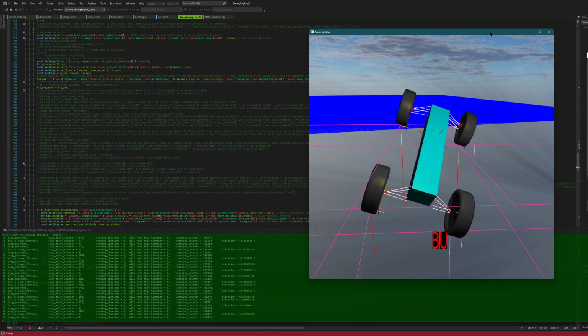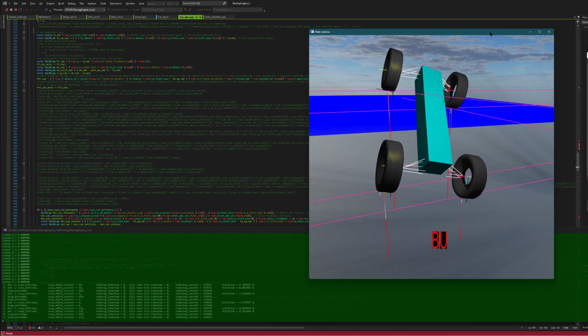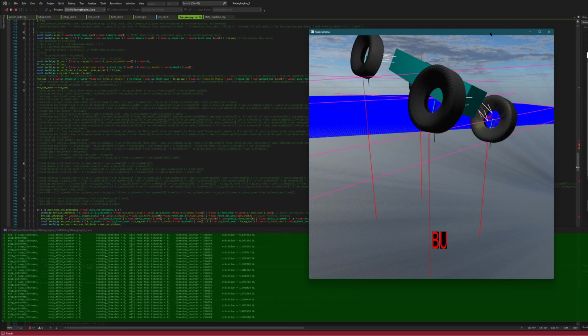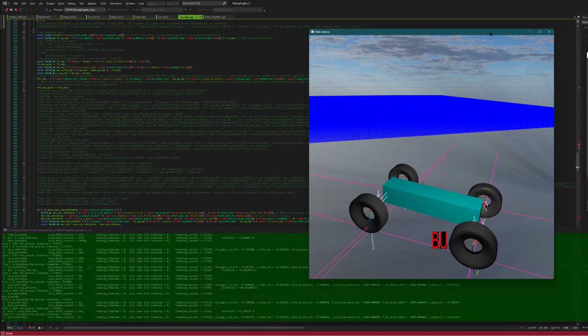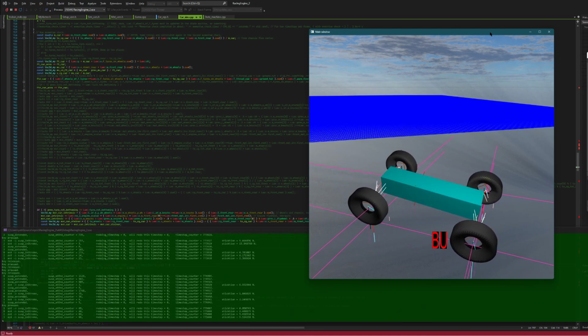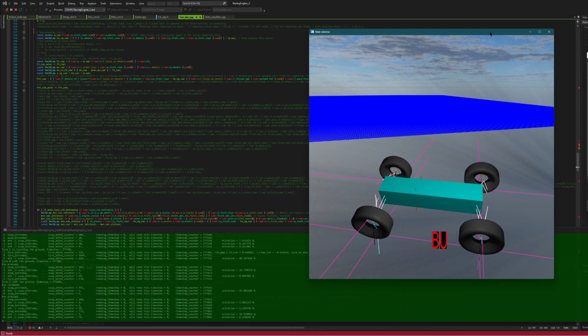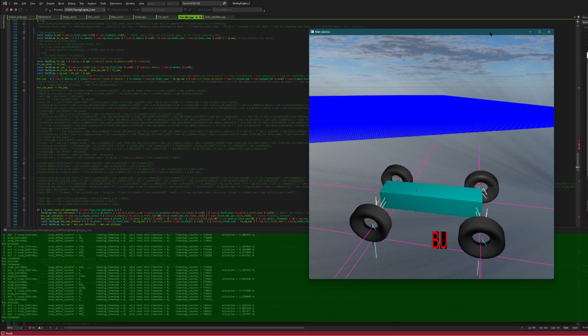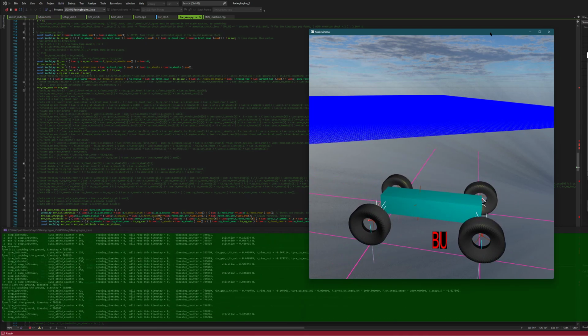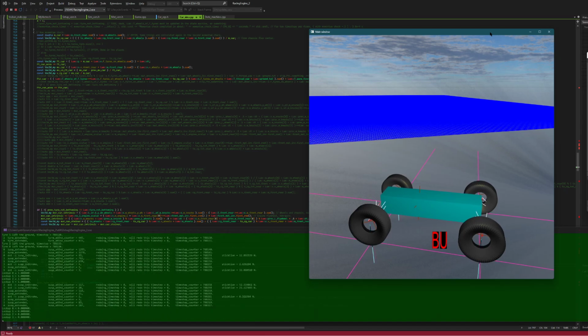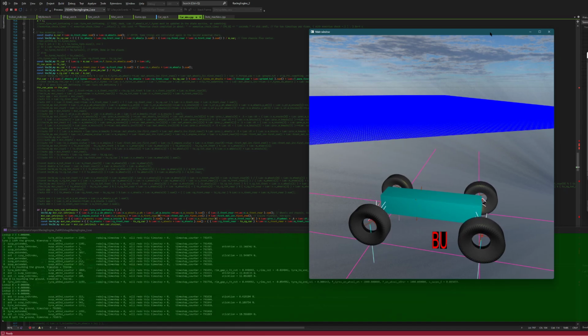Anyway, I could cancel out the angular momentum maybe by slightly pushing it towards the ground softly. And hitting the brakes.